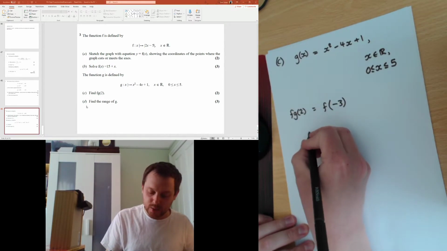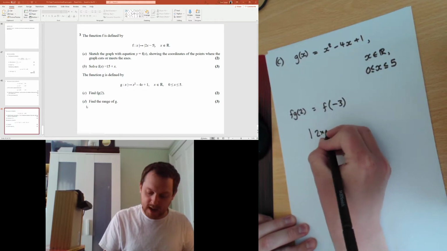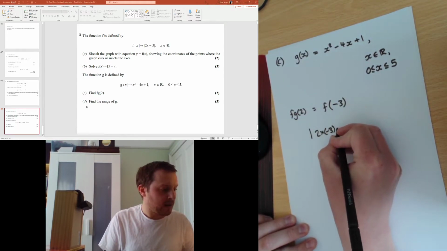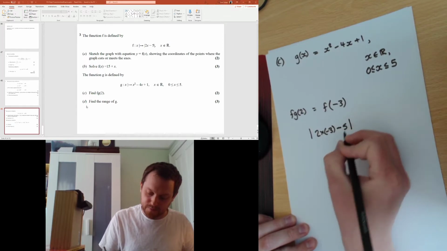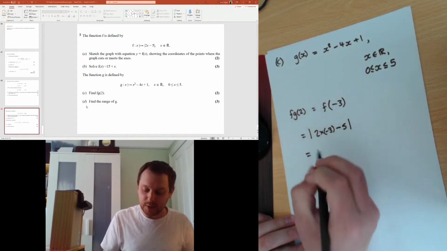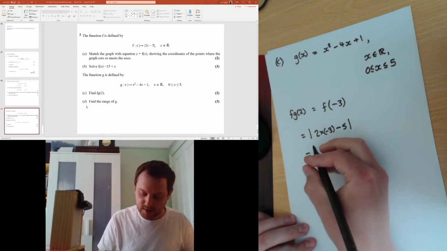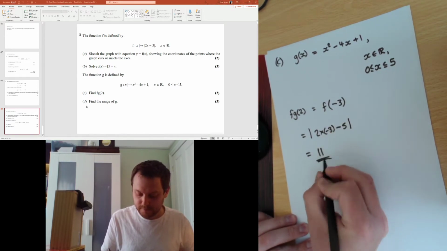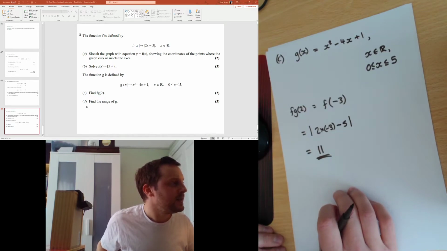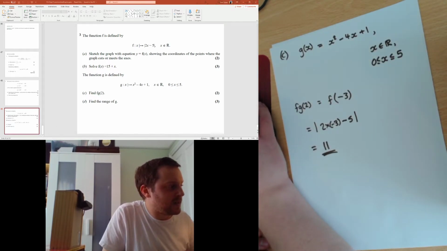Okay, f of minus 3, and f was that. So I need to do 2 times minus 3, take off 5. This one I'll do in my head. So minus 6 take away 5 is minus 11, and the modulus of minus 11 is 11. So I think it's just 11. I feel like I've been lulled into a false sense of security there.